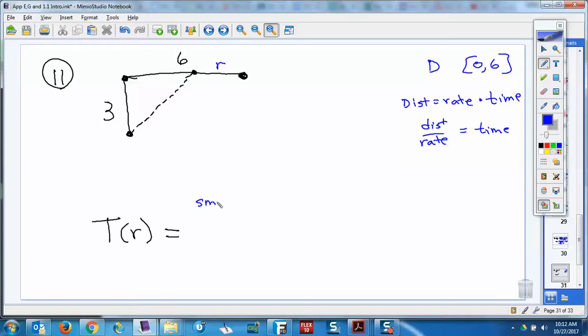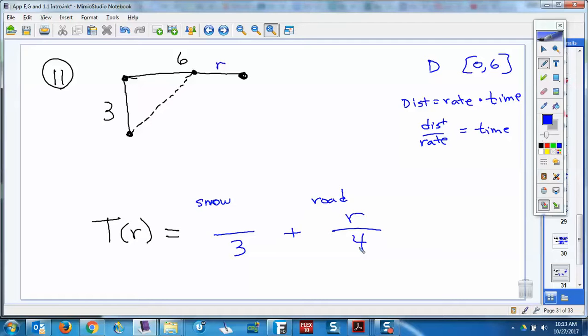So if we add up his snow time plus his road time, and time is distance divided by rate, this is going to be something plus something, right? We know his road rate is 4, and we know his snow rate is 3, so we already know those rates. So that was easy. And we need distance. What's his distance? What's his road distance?